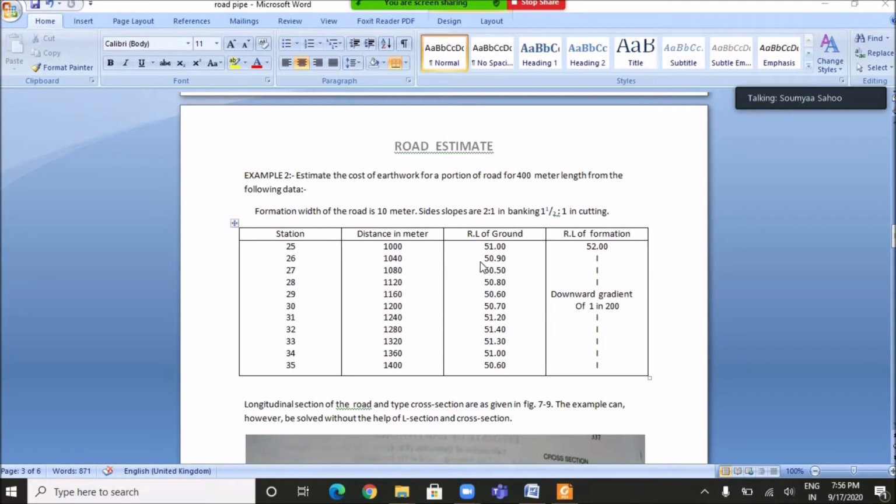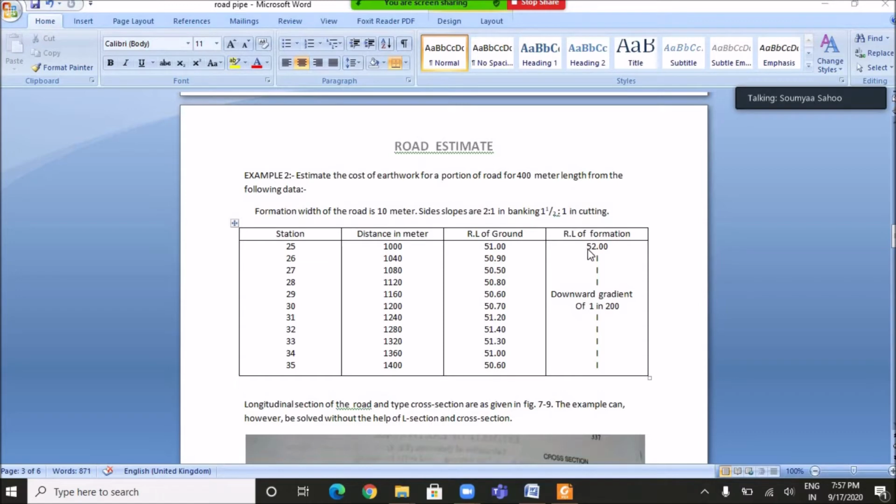And the corresponding reduced levels of ground are also given here. Station number 25 has reduced level 51 meter, and 26 has reduced level 50.90 meter, and so on. The reduced levels for different stations are mentioned over here.